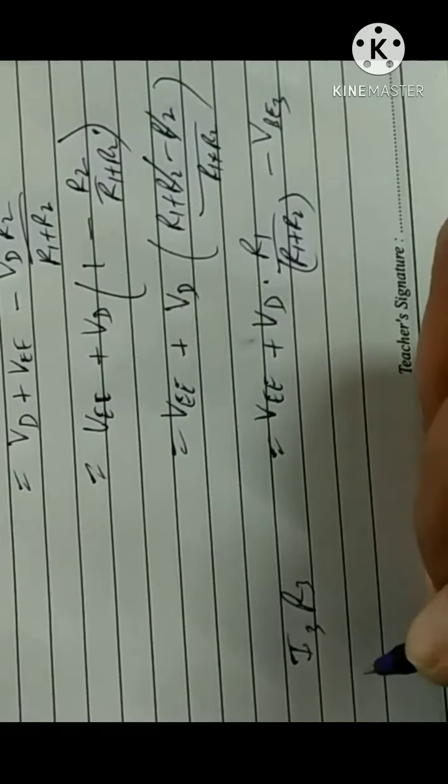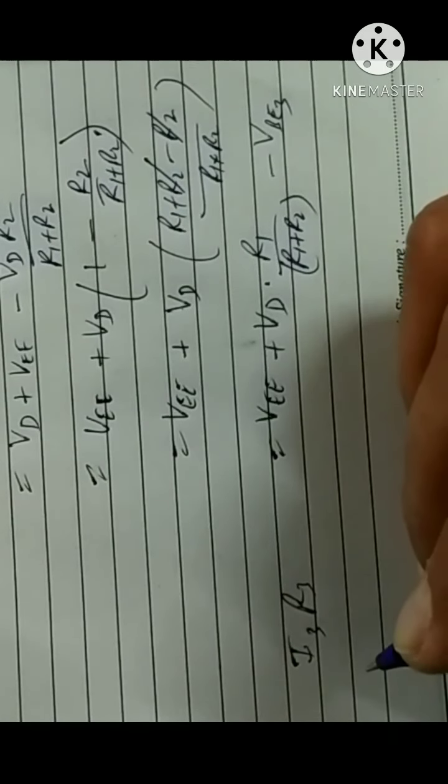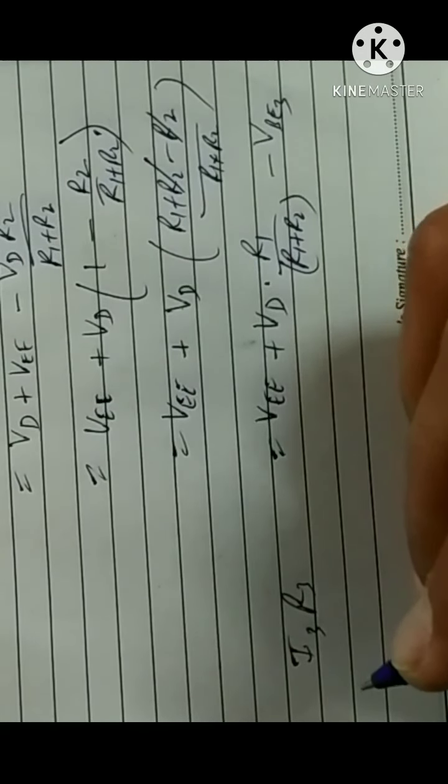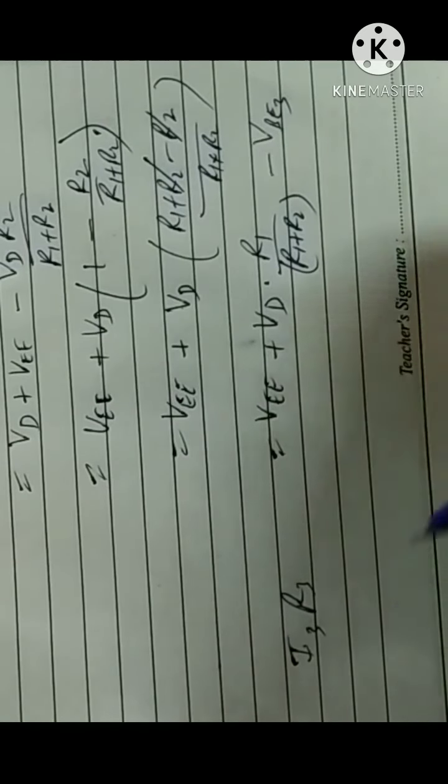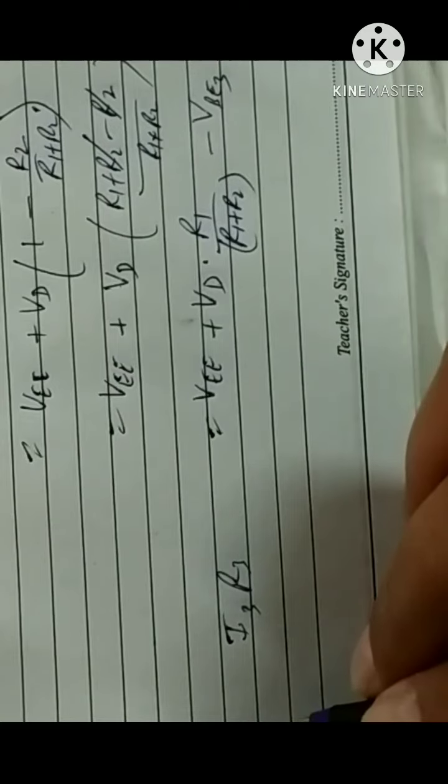So this is the value of I3R3. Now we can calculate IO.